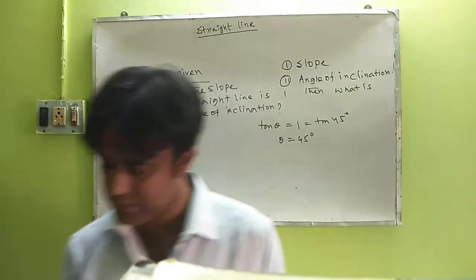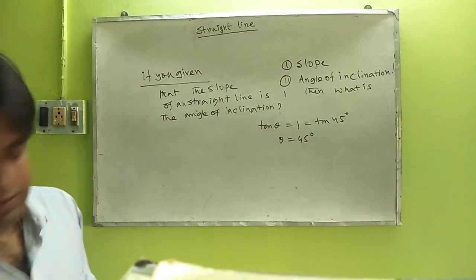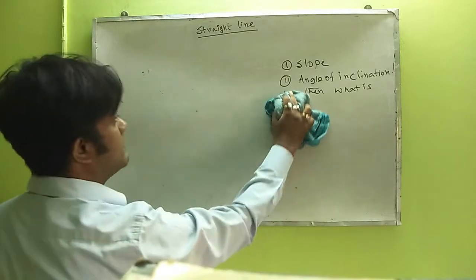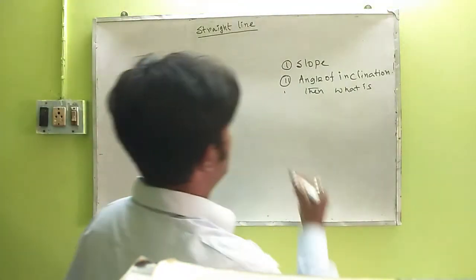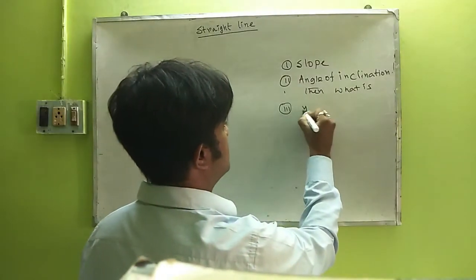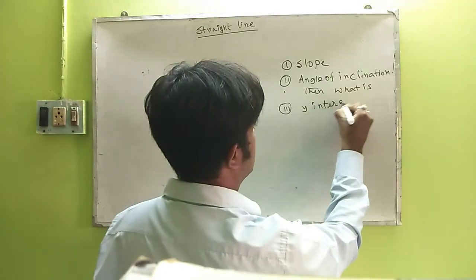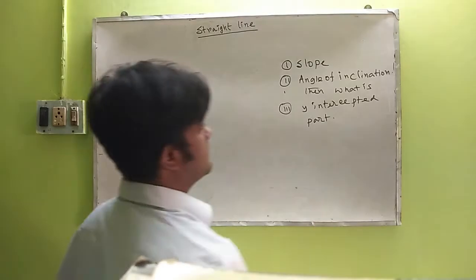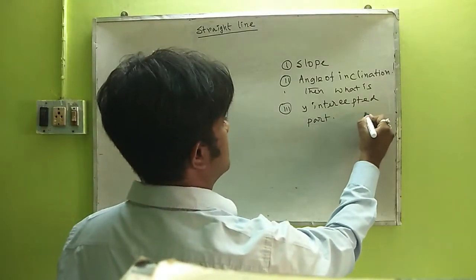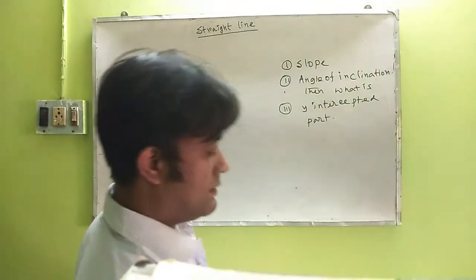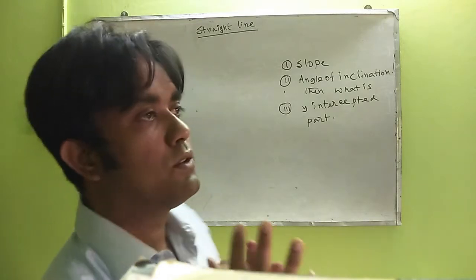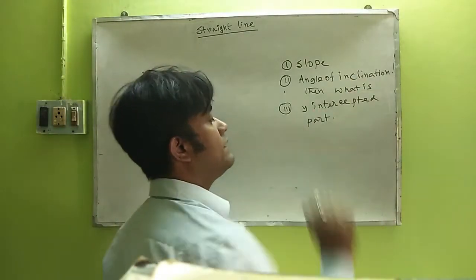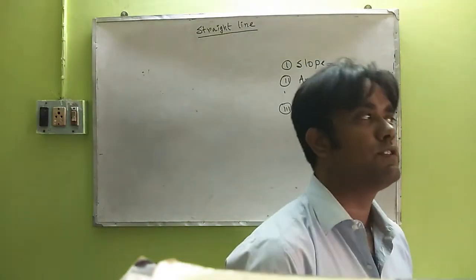Now if it is given that the y intercepted part is some quantity, that is, if your question includes the angle of inclination and y intercepted part, then find the equation of straight line.